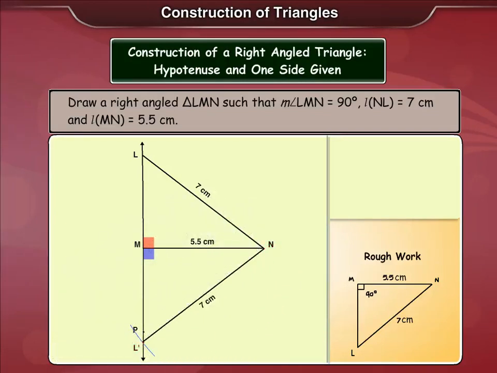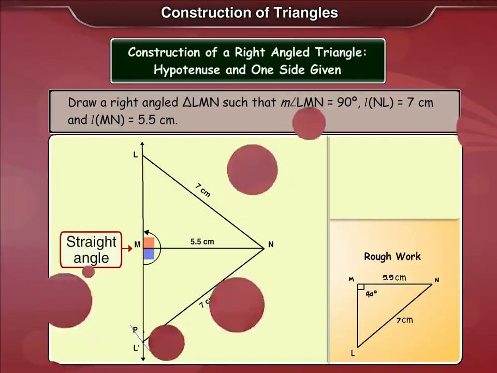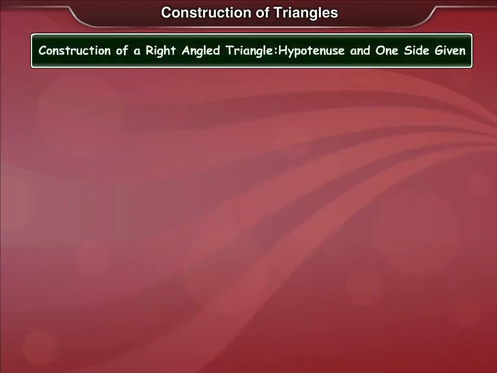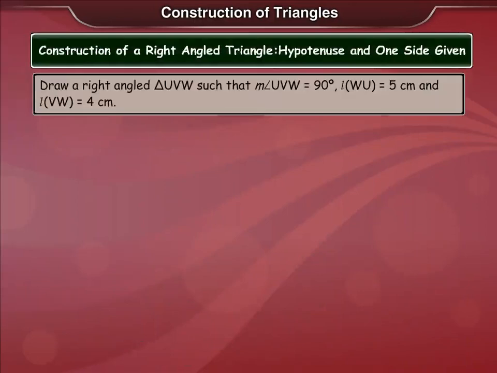Angle XVW measures 90 degrees. With point W as center and radius 5 centimeters, draw an arc to cut ray VX at point U. Join point U and point W. The required triangle UVW has been constructed.